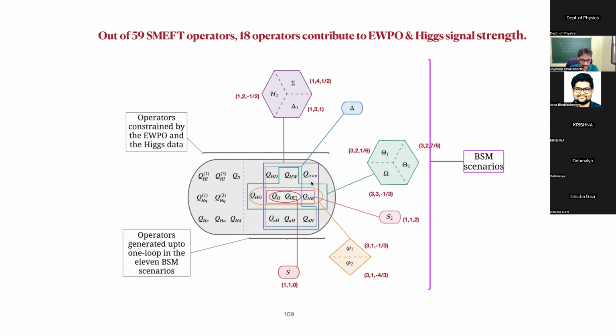That means it is less favored compared to these 3 models, because they give you these operators at the one-loop level. Similarly, if you look at this one, these 2 operators, and these 3, are not being generated when you integrate out these 3 models.